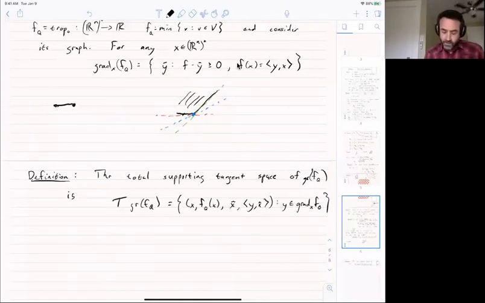This lives inside of our R^(2n+2). If you just had a smooth function f_Q, this would just be the tangent space, as a subspace of the tangent space of R^(n+1).